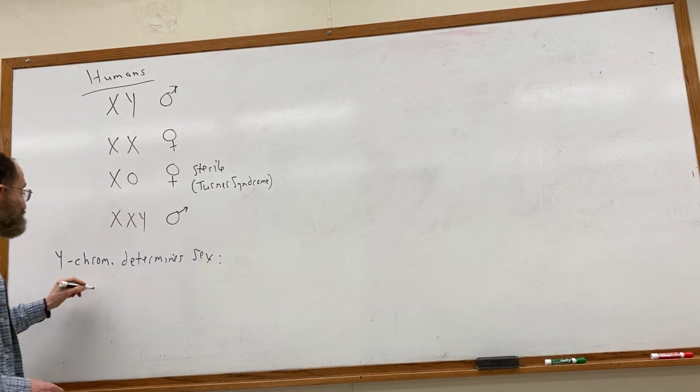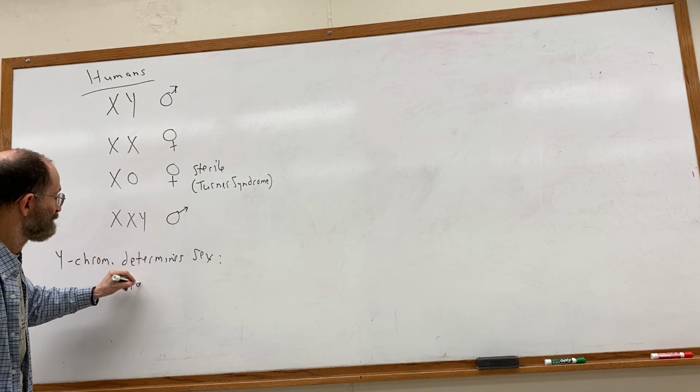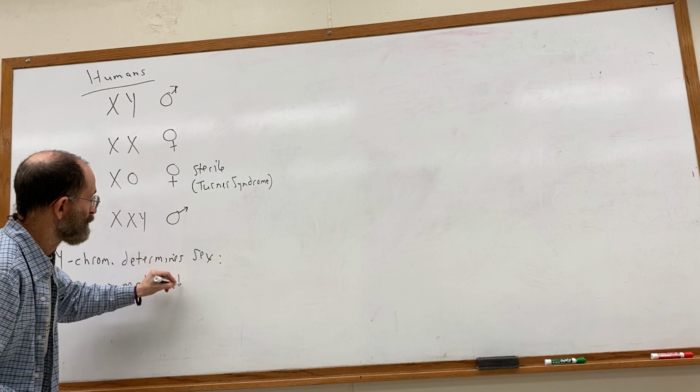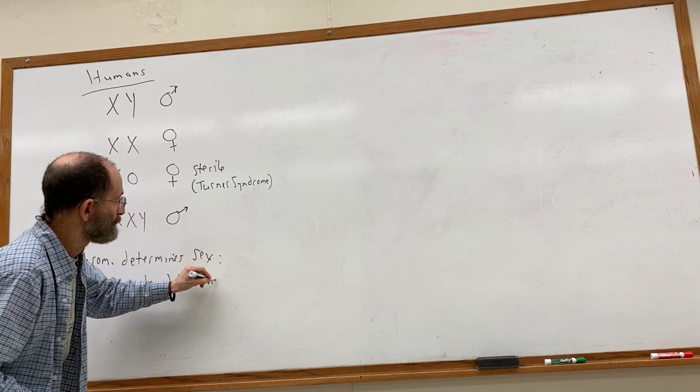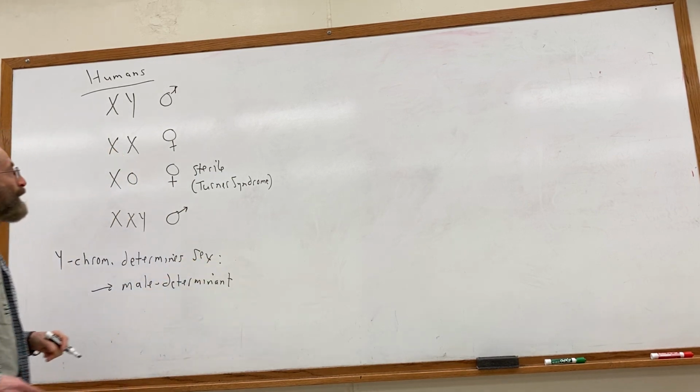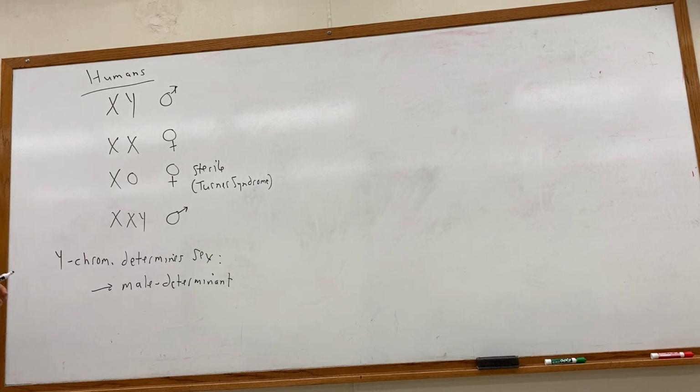Specifically, its presence leads to male determination. And that has to do with genes that are on the Y chromosome, although there aren't very many that have been well characterized. And so basically having a Y chromosome means that that individual will be male biologically in humans.